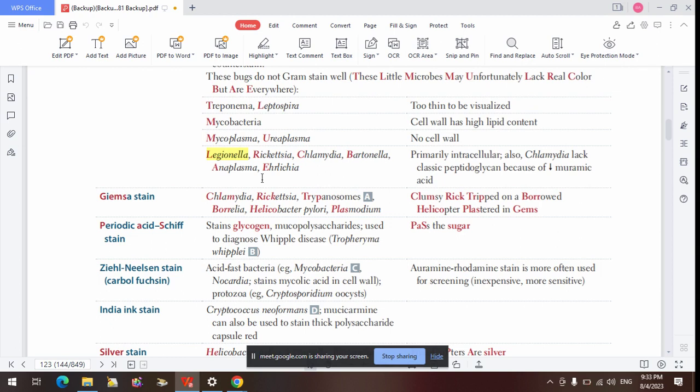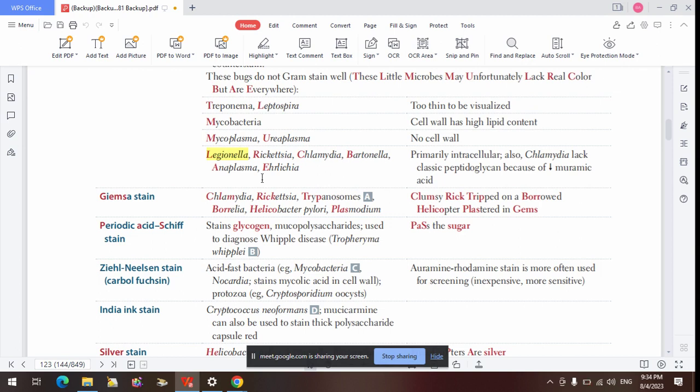Giemsa stain will work for Chlamydia and Rickettsia. Helicobacter pylori, which is the organism that causes PUD, can be stained by both Giemsa and silver stain. Helicobacter pylori is the one that is central to both of them.